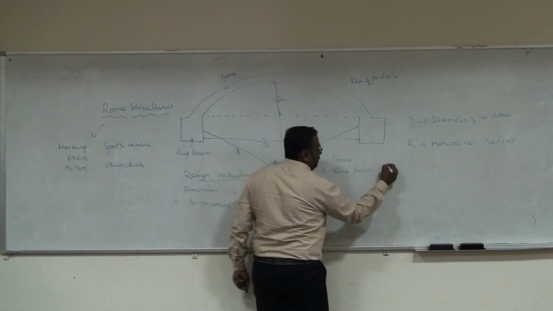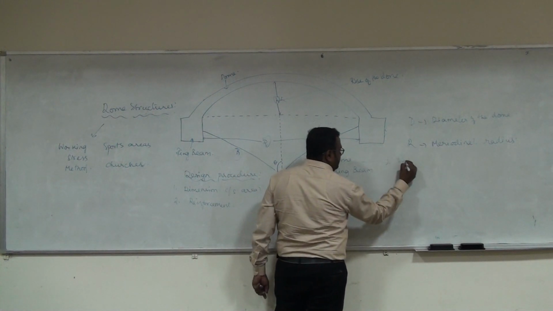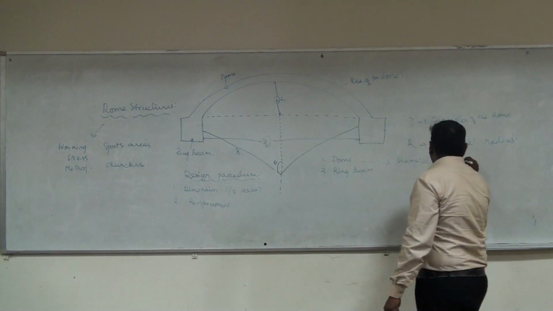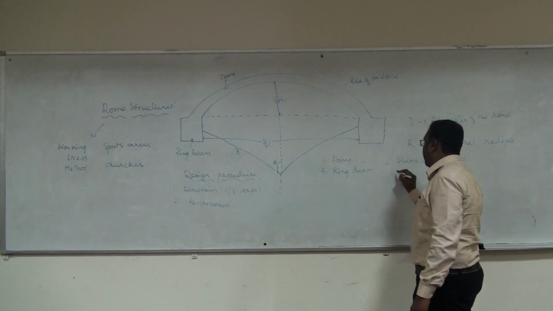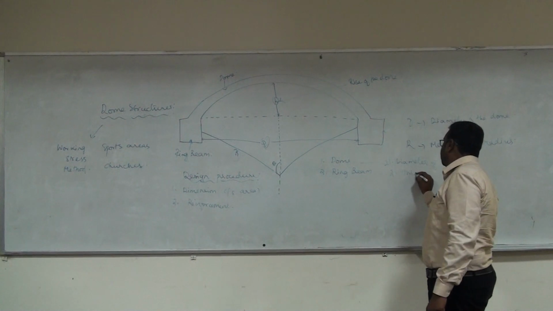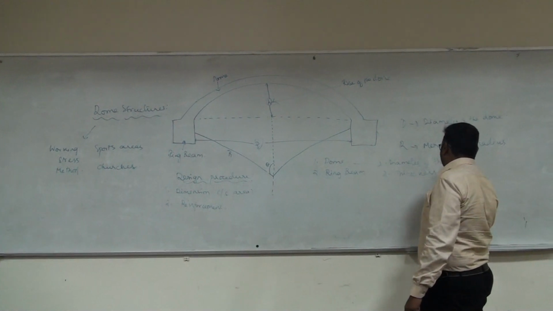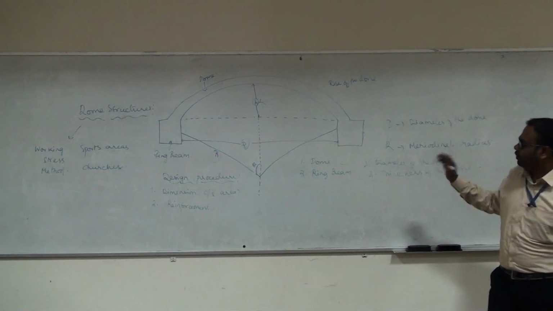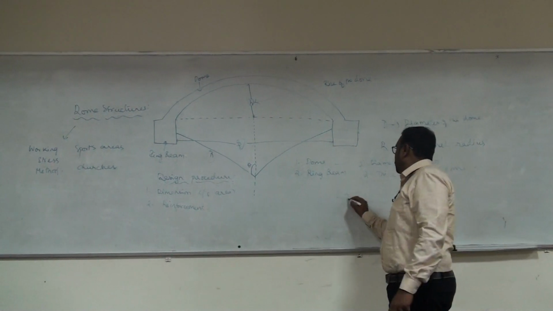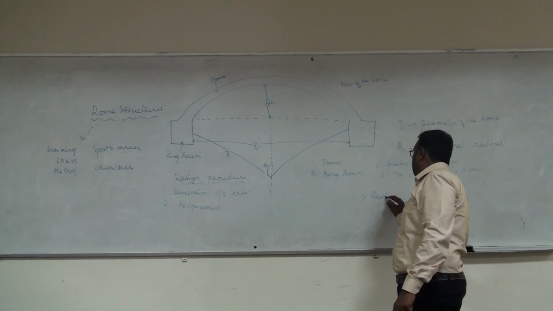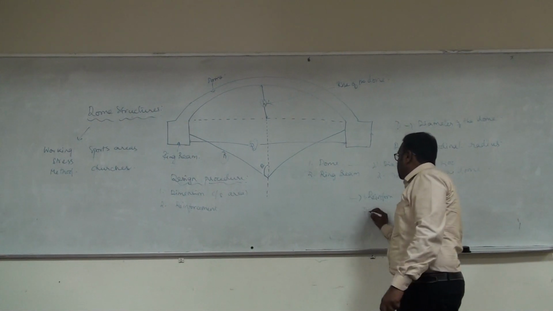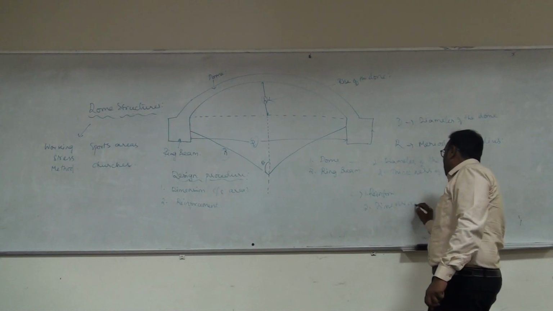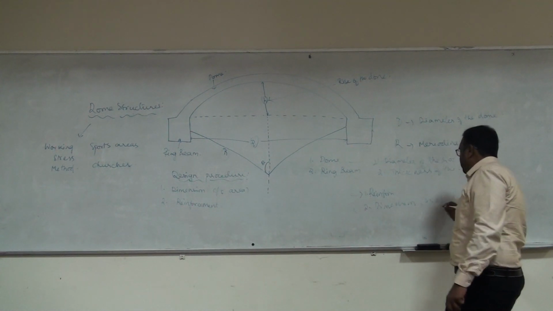For the dome, we want to mention the diameter of the rod, that is one reinforcement detail, and the size, in the sense the thickness of the dome. For the ring beam, we want reinforcement details and the dimensions of the beam. Dimension in the sense, for a beam we know that breadth into depth.